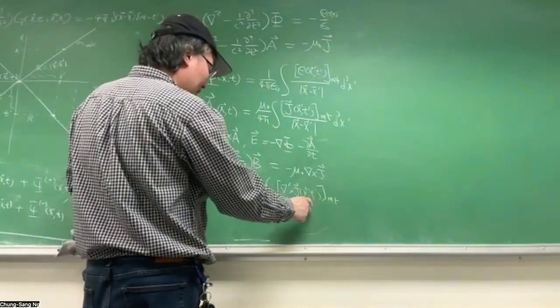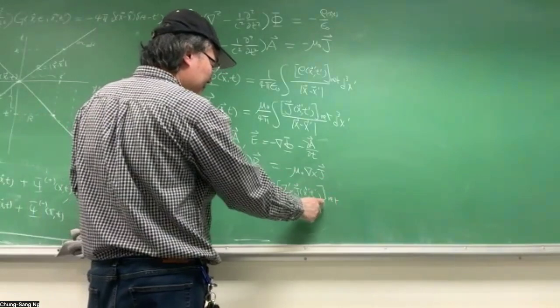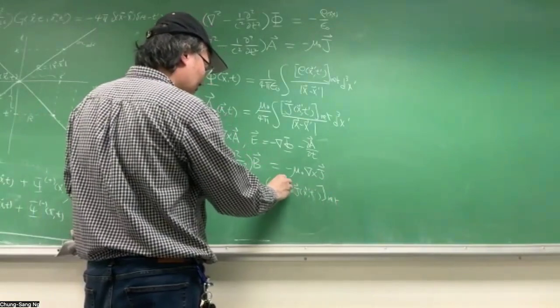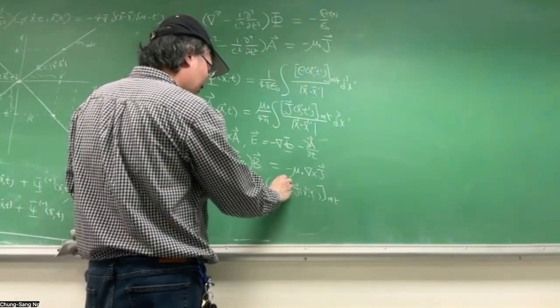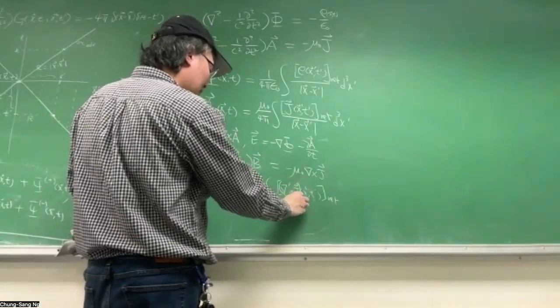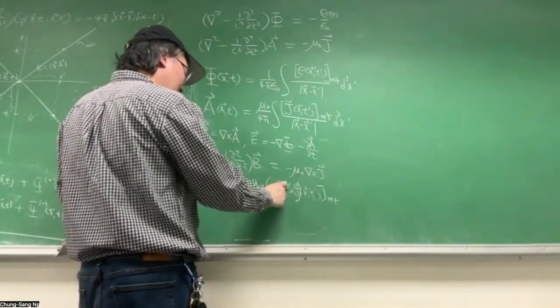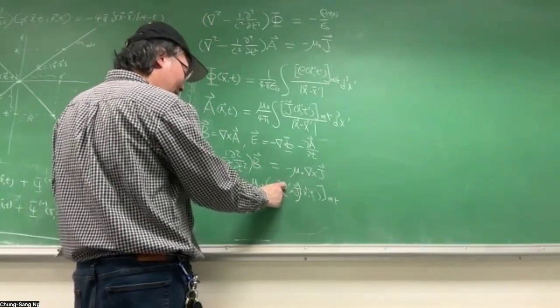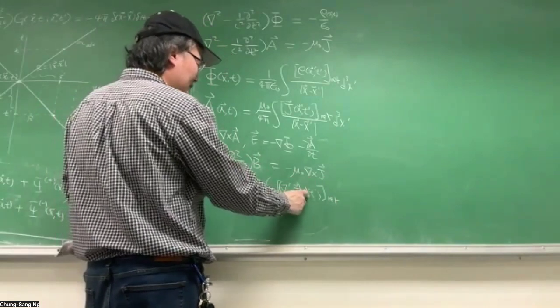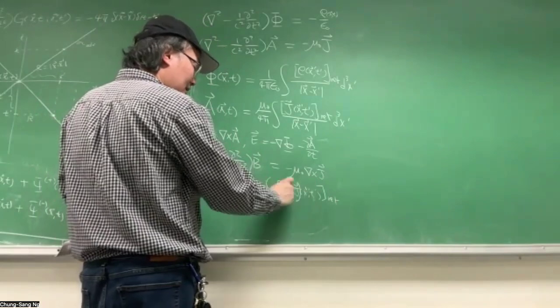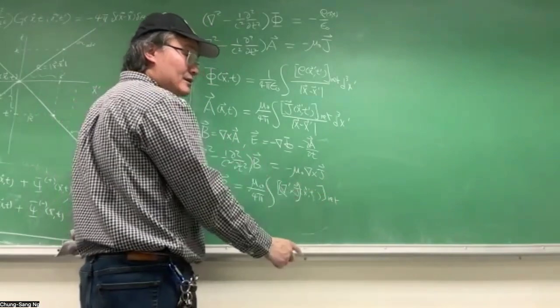It seems a little confusing. Sometimes what you can do is put an extra bracket: do the curl of J first, curl prime of J, and that would still be a function of x prime and t prime. Then you do the retarded bracket.